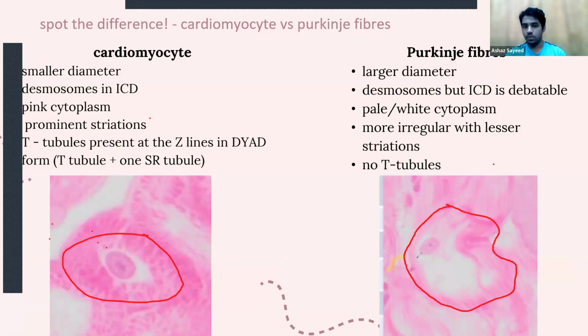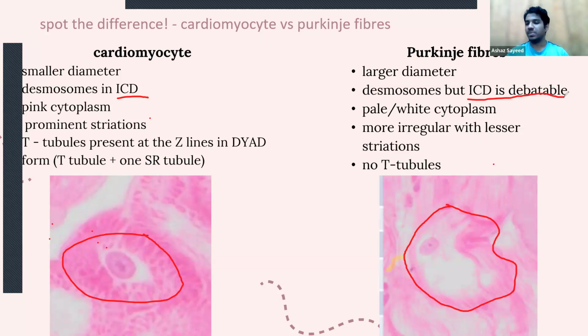Both of them have desmosomes, but cardiomyocytes always have the ICDs, the intercalated discs, and this is what you're going to use to differentiate them. Just engrave this in your mind. Cardiomyocyte, ICD. Purkinje fibers, it's usually not present. It's debatable.